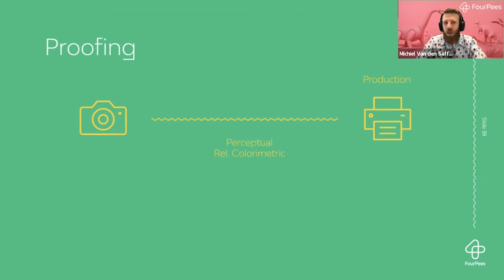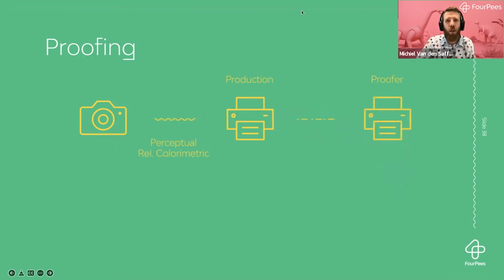So I choose either Perceptual, if it's a photograph, or relative colorimetric, if it's a brand color space. I can decide which one I would like to do, and I do that conversion depending on what features I feel are important in this use case. Okay, that's my normal production conversion.